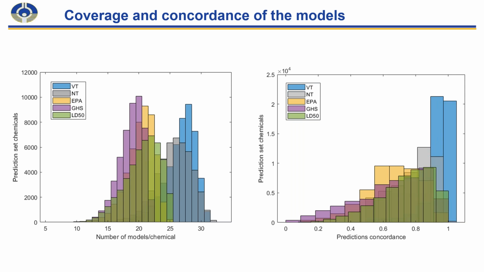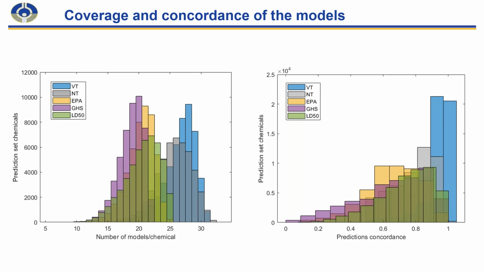But if you combine all of those models together, you do get multiple predictions for every single chemical in the prediction set. And what we find in general is that the more models agree on a particular prediction, the more likely that prediction is to be correct. And so that's what's reflected in that predictions concordance.